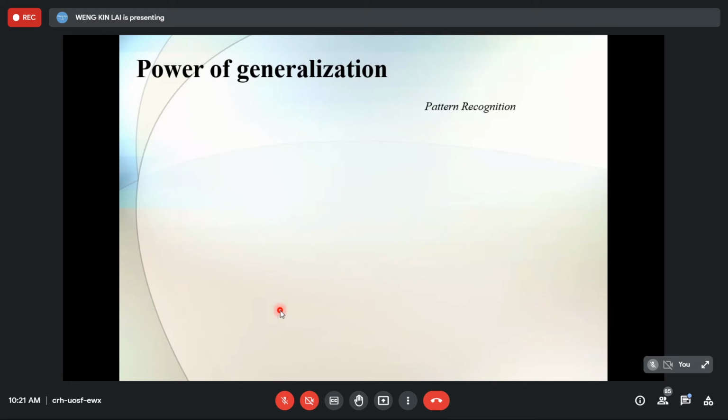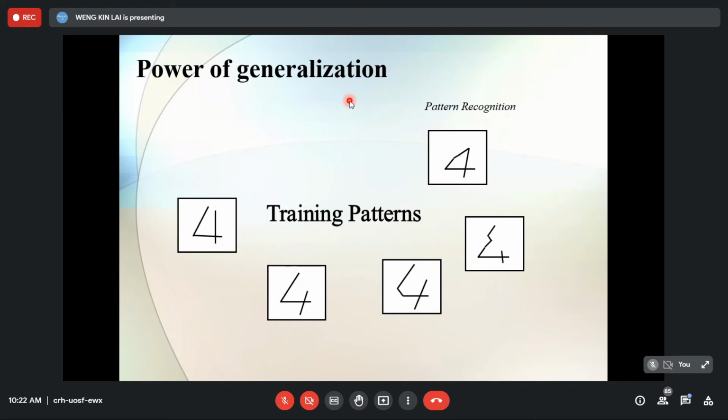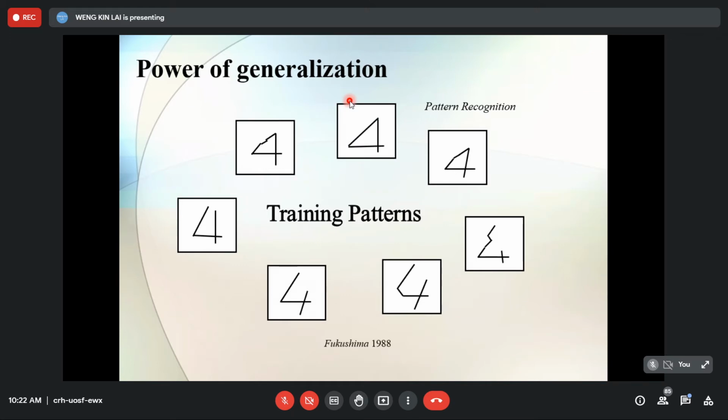Now, what do you mean by generalization? In this example, you can see I have training patterns. All of us can see it is basically the number 4. But notice that these numbers are not written in the same style. Because they are not written in the same style, how can you write a computer program to recognize them without using neural networks?